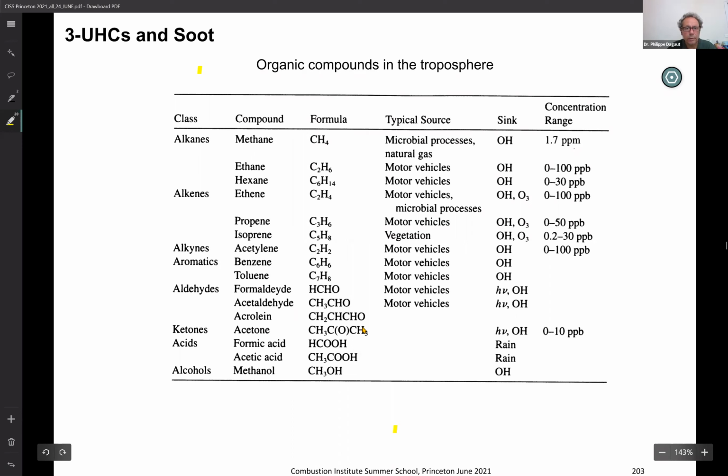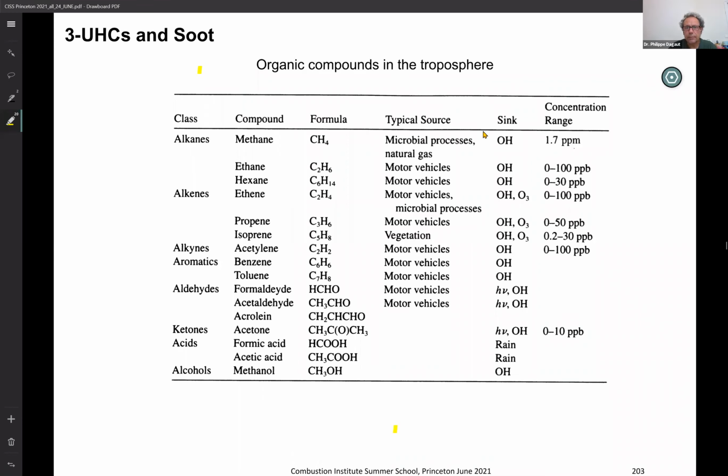Acetone is widely used as a solvent, so it's one source, and it can also be produced by combustion. And methanol can also be produced by industry, where it's used as a solvent. There may be other sources.